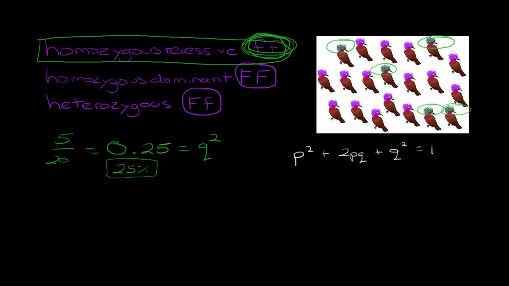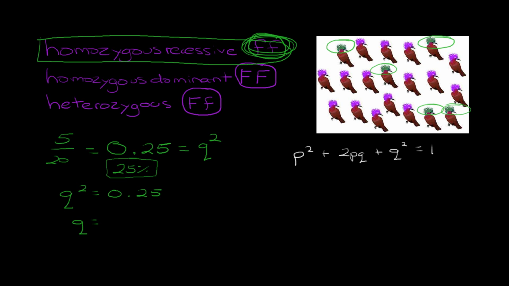Well, now that I know Q squared, if Q squared equals 0.25, I can then calculate Q, can't I? If I have Q squared and I want to figure out what Q is, I just take the square root of both sides, right?